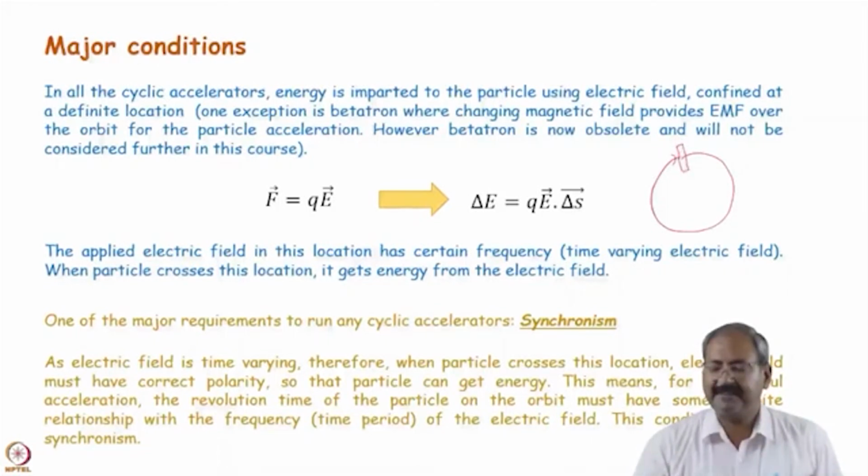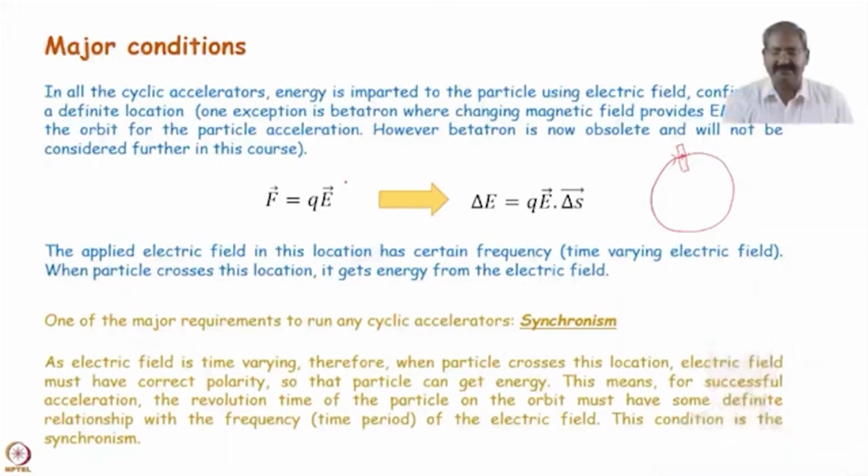When the particle passes through this cavity, it gets energy. In the RF cavity there is an electric field, so the total force on the particle will be qE. So the total energy gain will be this force multiplied by the displacement, the dot product of force and displacement. This is the gain in energy.